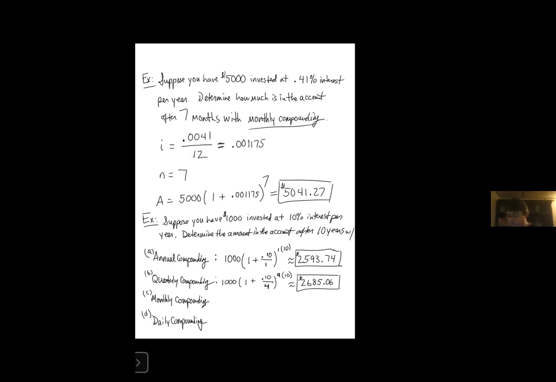So notice with quarterly compounding, it compounds every quarter. It compounds 4 times per year. And we're looking at 10 years. So there are going to be 40 compounding periods. And notice that 40 does show up in our exponent. And with something like that, you can actually see how the two formulas are the same.